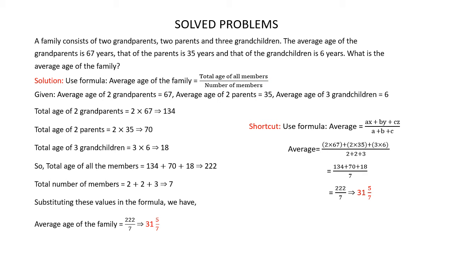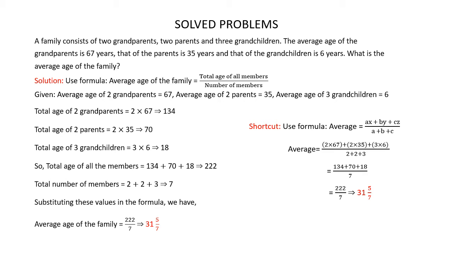Now it's given that the average age of two grandparents is 67, average age of two parents is 35, and average age of three children is 6. Now, to find the total age of all the members, we'll use the formula total age is equal to number of members multiplied by the average of the members.